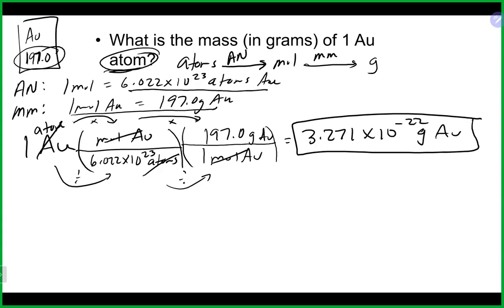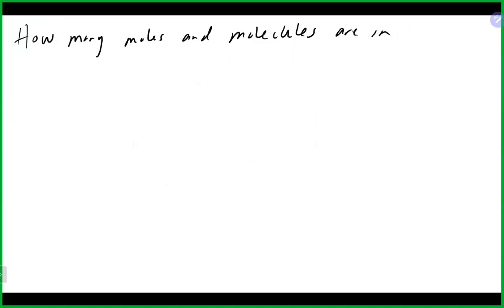I'll try a couple more here. Let's see, how many moles and molecules are in 9.73 times 10 to the minus 22 grams of water?